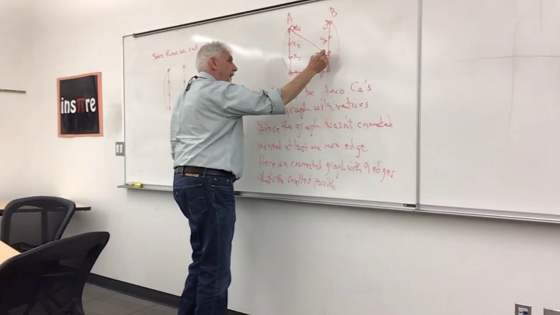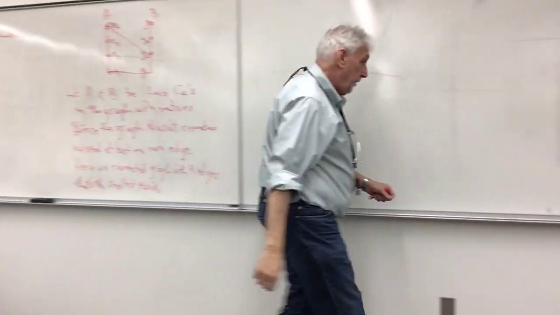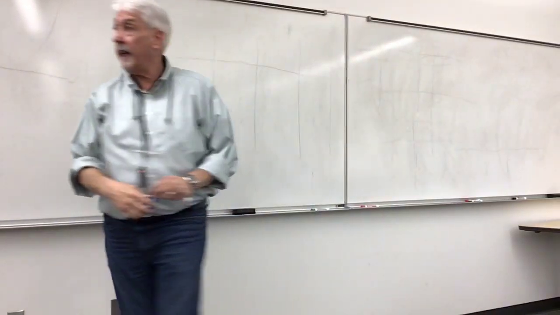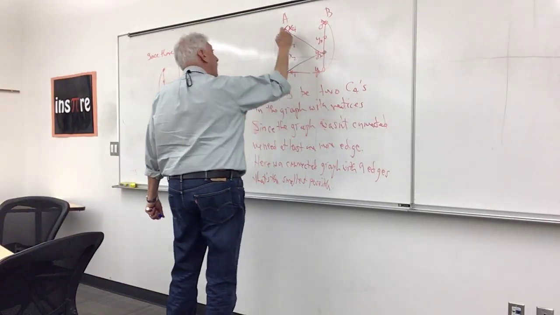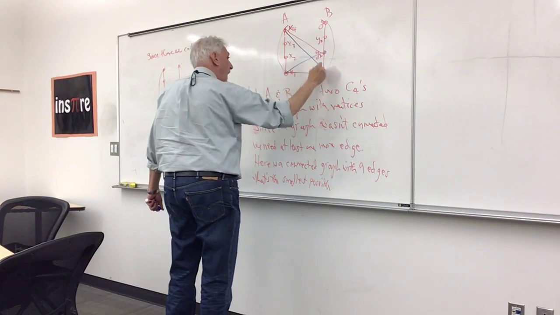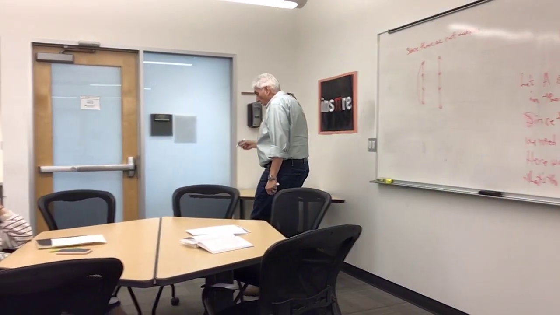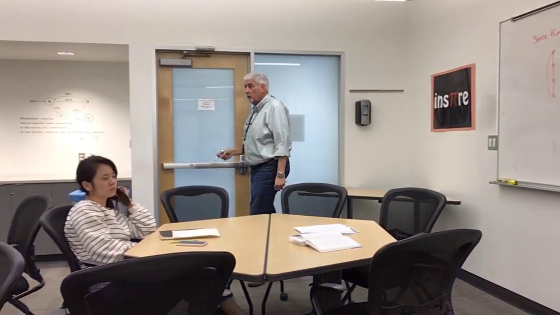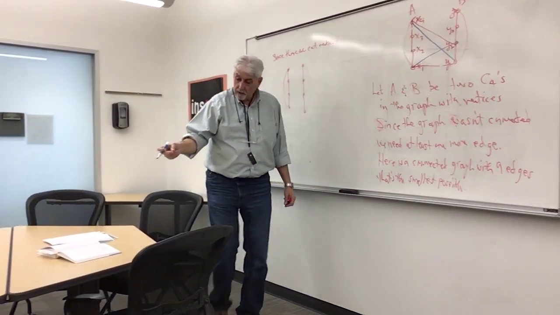So if I add, let me do it in a different color, the edge y2, x1 and x4, y1, then the degrees are 2, 2, 2, 2, 4, 4, 4, 4. And this is the smallest number that meets conditions I, II, and III.